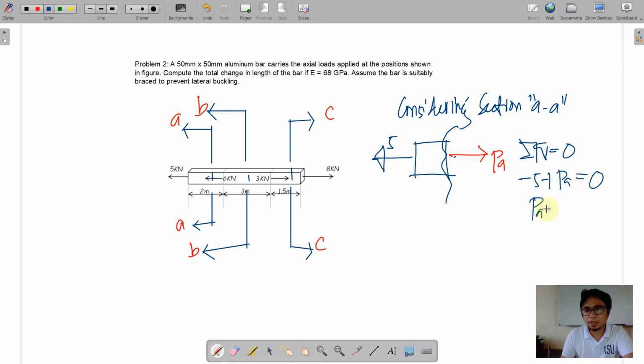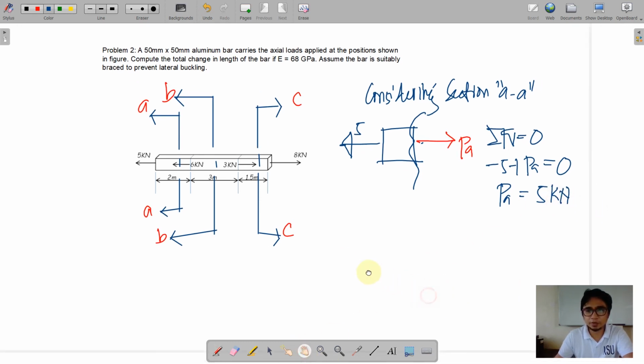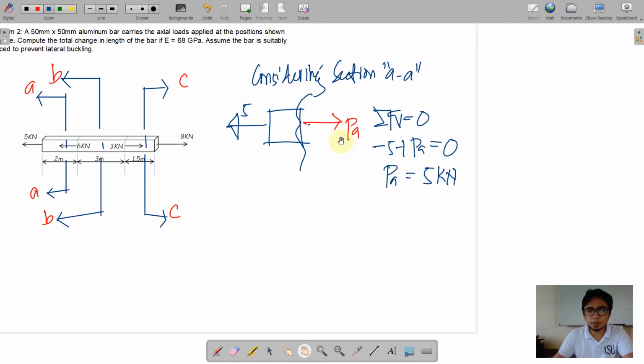So PA here will yield a positive answer, 5 kilonewton. So when we have a positive answer, therefore our assumption for the direction of PA is correct, thus it will be maintained. So therefore the orientation of this 5 kilonewton is away from the joint.